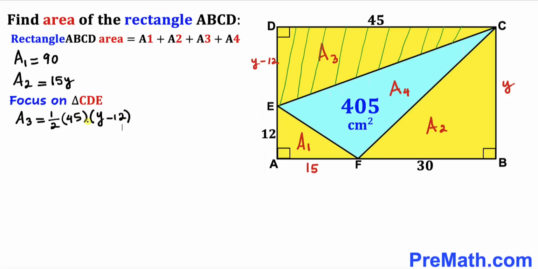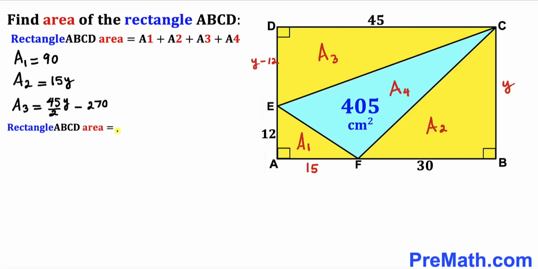Let's distribute on the right hand side. This gives us 45y divided by 2 minus 270. Thus the area A sub 3 turns out to be 45 divided by 2 times y minus 270.